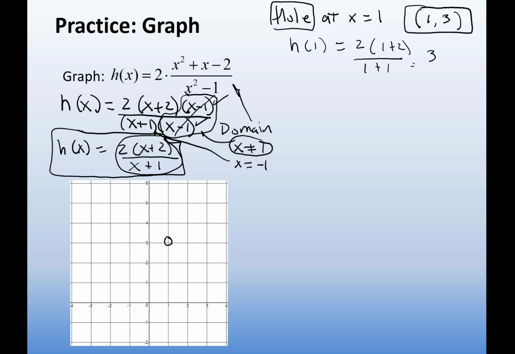Now the rest of the graph, we're just going to follow through with the characteristics. I'm going to go kind of fast here on some of these characteristics. I need to have the y-intercept point. So I'm going to plug in 0 for x and find out what that is. So if I plug that in, 0 for x, I'm going to have 4.